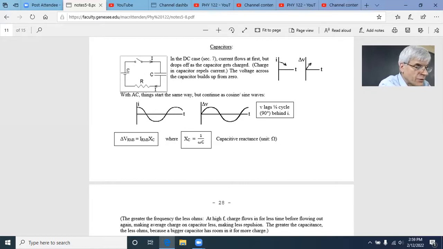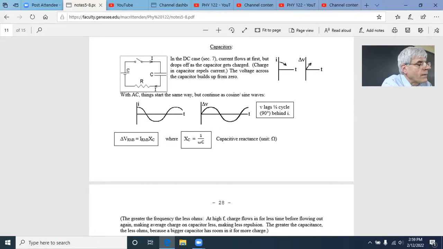And the more electrons, well, I shouldn't just say electrons, because it works the same way with positive charge on the other side of the capacitor also. The more charge you have in the capacitor, the more it pushes back against additional charge trying to flow in, because like charges repel. And so that's where capacitive reactance comes from. It's an electrostatic effect, basically.